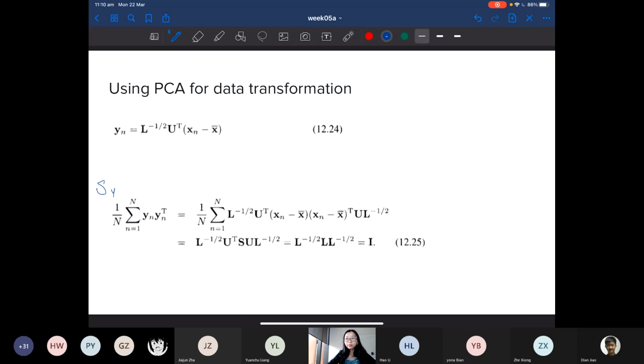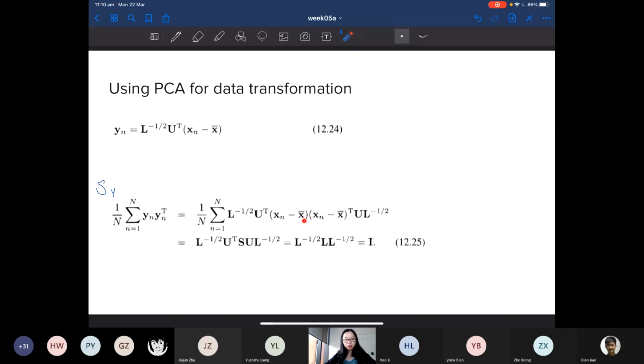It's the sum over the outer product of y with itself, right? And we just plug in this expression above, where I just write out L to the minus 1 over 2, U transpose, x_n minus mean of x.